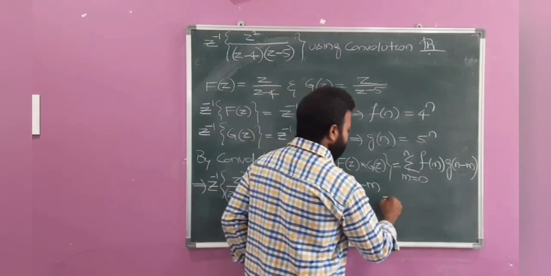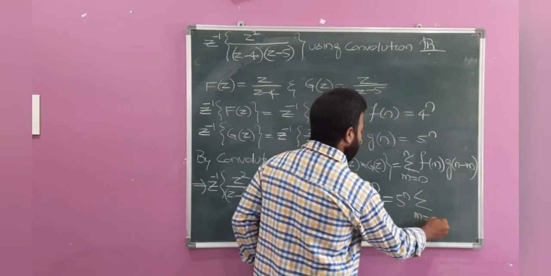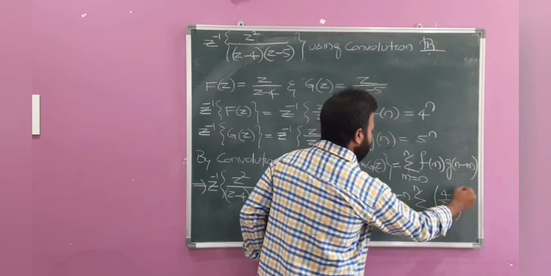So this can be written as 5 power n into sigma m equal to 0 to n (4 by 5) to the power of m.